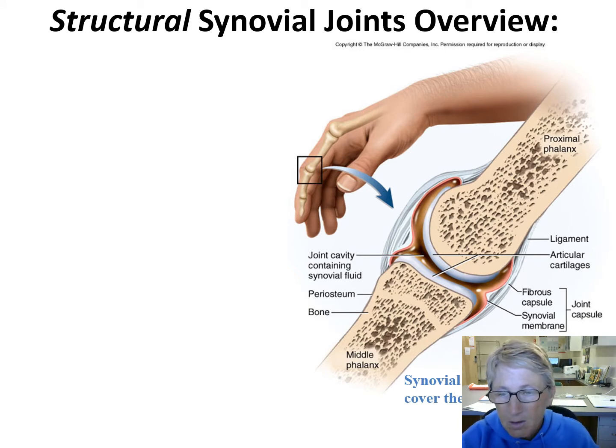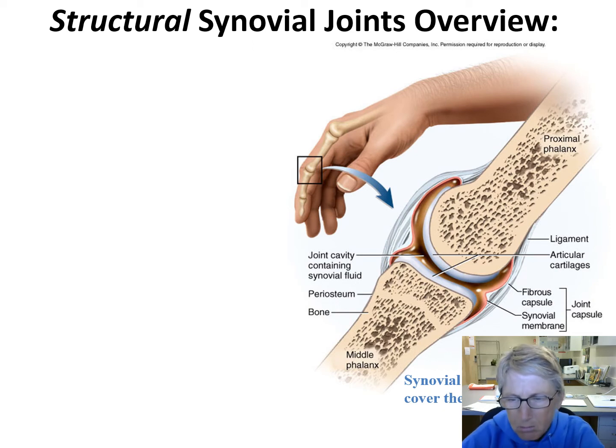You can see that the synovial joint, that's a structural classification. Functionally, this is a diarthrotic joint. The synovial joint has this joint capsule, so on the outside you've got a ligament. Remember, ligaments go bone to bone.